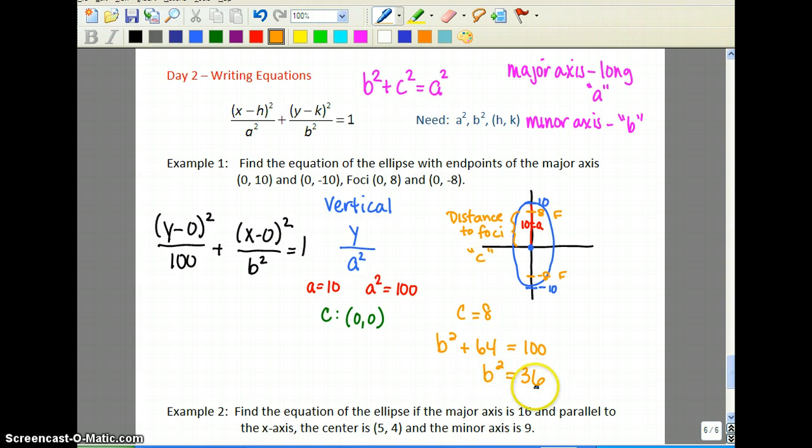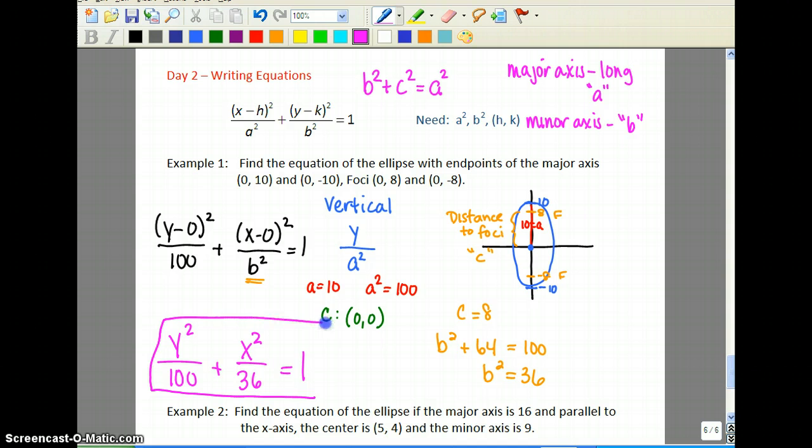Now we would say that b equals 6, but what do you really need for your equation? You need b squared. So our final answer will be y squared over 100 plus x squared over 36 is equal to 1. And we can go ahead and lose the minus zeros since 0, 0 is the center and leave it as just y squared and x squared.